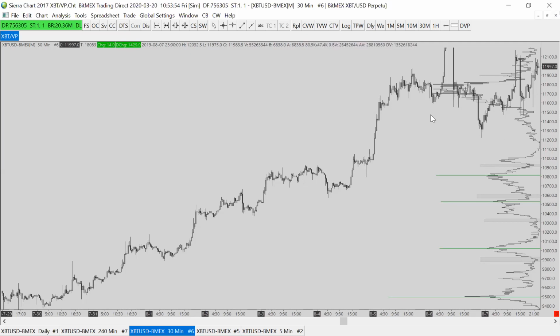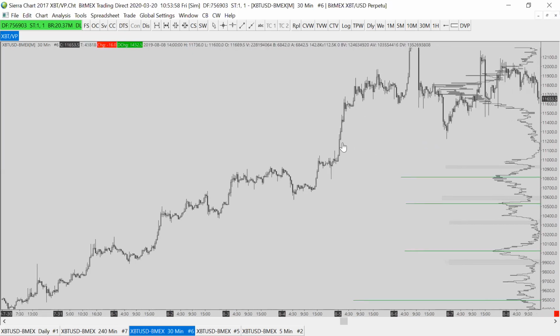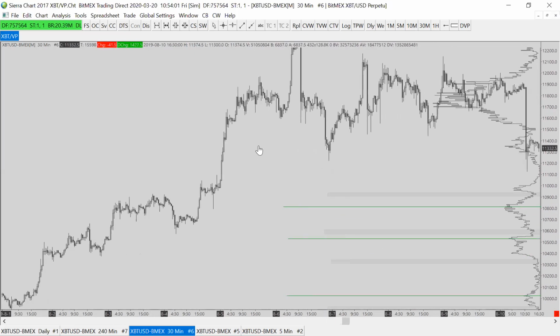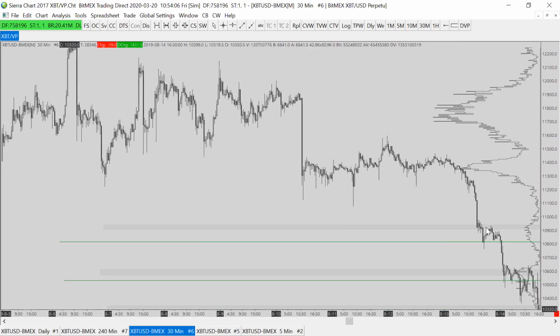The ranges are getting wider. Anyway, price consolidates up there, then breaks back down through this LVN quite easily, which is not surprising given that it's just broken out of this 3 or 4 day range.